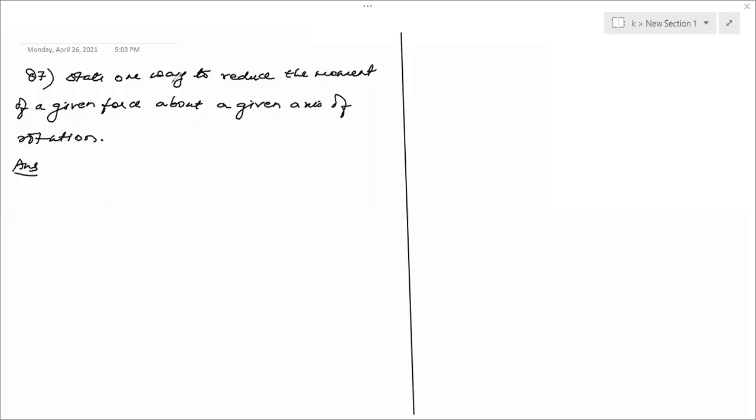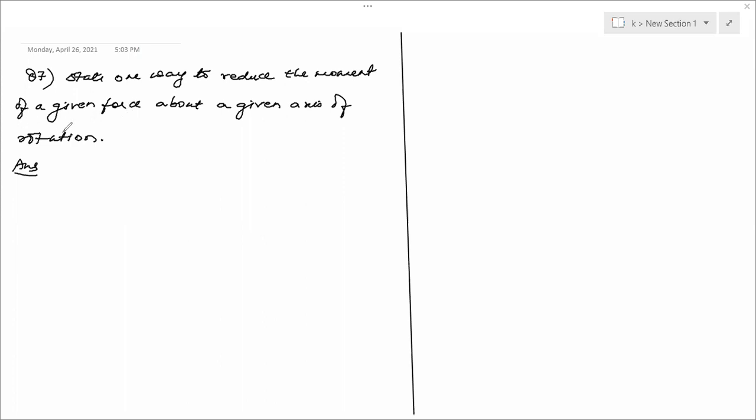Question number 7. State one way to reduce the moment of a given force about a given axis of rotation. मतलब force is given. Force का हम लोग कुछ नहीं कर सकते हैं. Force तो given है. लेकिन moment of force को कम करना है about an axis of rotation. So here, children, use common sense. What is the formula, beta?